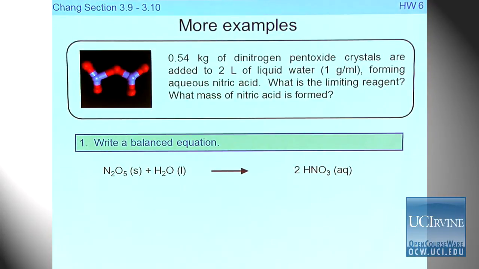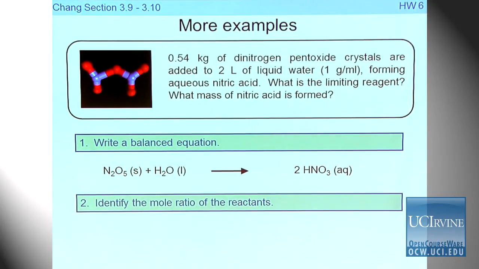Okay. I have to be sure that this one is balanced. Let's quickly check if that is true. I have twice, that's 6 oxygens. I have 1 here, 5 there, that's 6, 2 nitrogens, 2 nitrogens. Okay, this one is balanced, so I'm fine. Second, I have to determine the limiting reagent, and I start by looking at the equation itself and the mole ratio.